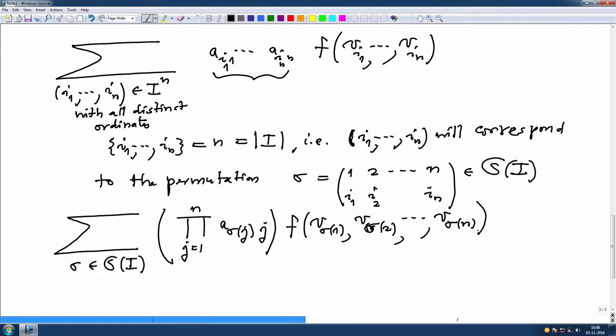But we have seen that whenever you have a multilinear map f, and when you permute the coordinates, and if it is alternating, then the sign will come out. So, this is the same as sign of sigma times f of V1 to Vn.